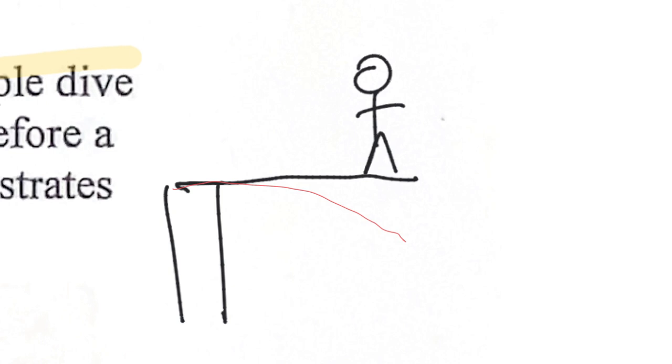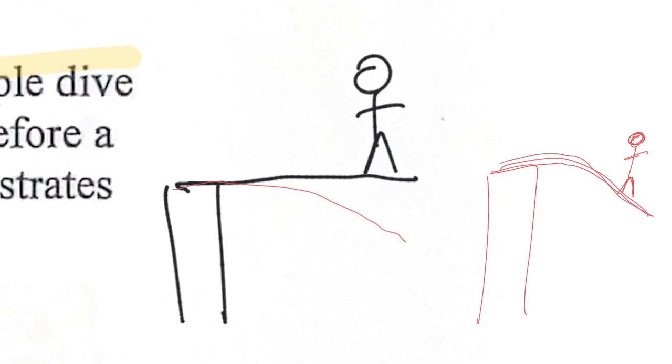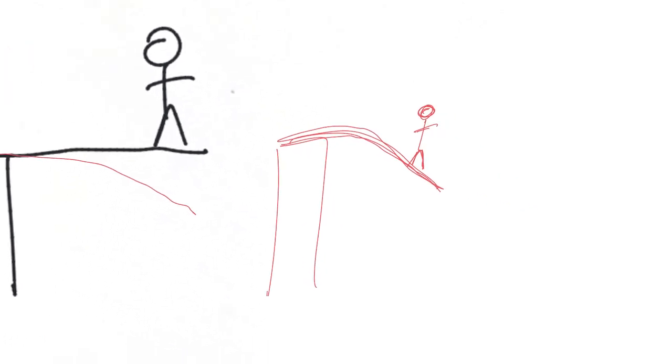So, if you're in this position here where you're about to dive in and the board is in this bent position, what forces are acting upon you at that point? There's gravity acting on you. Good. So the number one force that's acting on you is gravity.